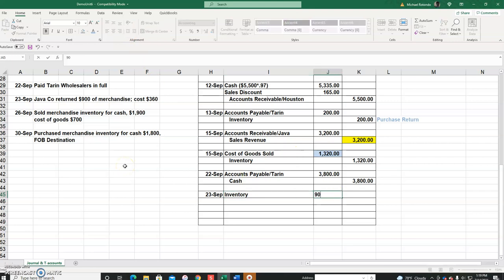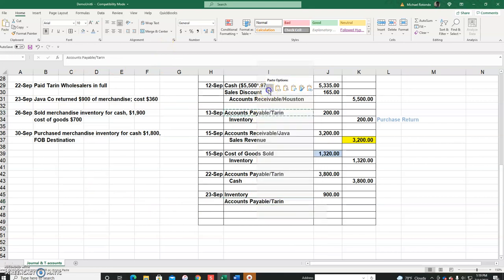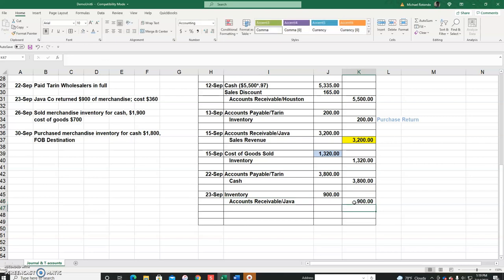But if it's defective, then we need to figure out what to do with it later. But for now, we're taking it back into our inventory, and we're going to credit accounts receivable for Java because, if we're allowing them to return merchandise, they don't owe us the money anymore. And then what we also have to do is put it back into cost of goods sold, right? Because that's where it came out.